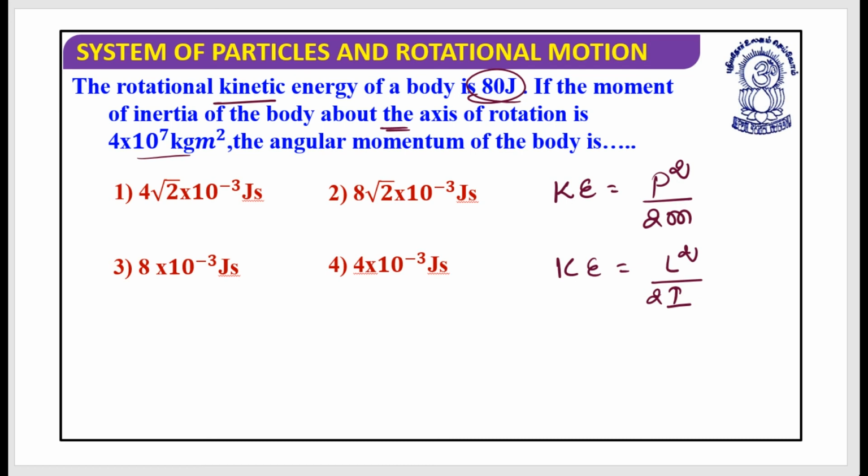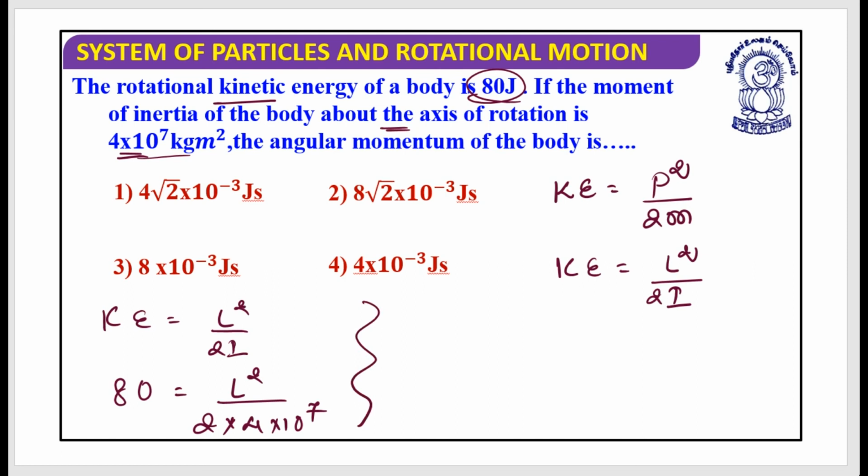So let's just put the value and get it done. The kinetic energy equals L square by 2I. The kinetic energy is given as 8. Angular momentum is required, so L square divided by 2 into moment of inertia, which is 4 into 10 to the power 7.